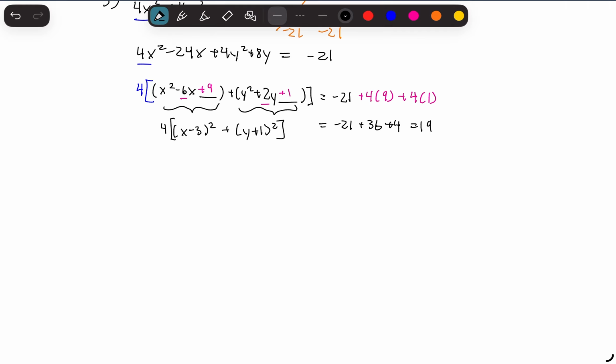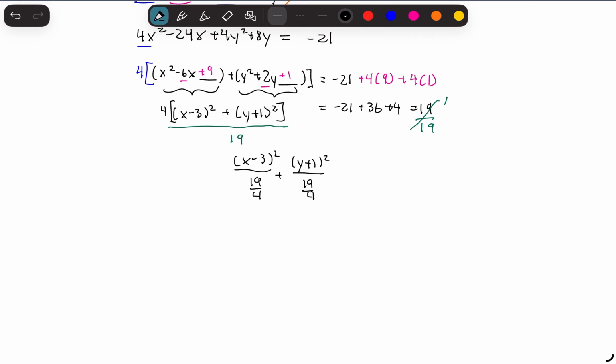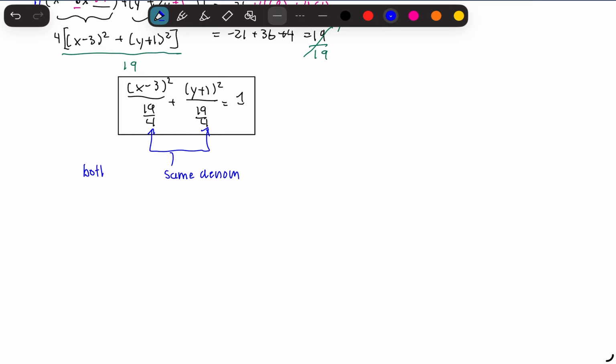Now after this, we're going to divide by 19, and here we're going to divide by 19, so you're going to get, just rewrite this as, and this is your answer, and we can see that they have the same denominator, and that's how we know that it's going to be a circle because both squared terms are added.